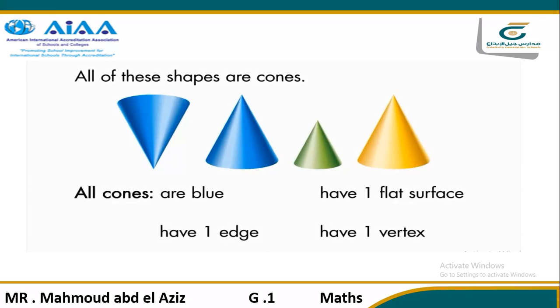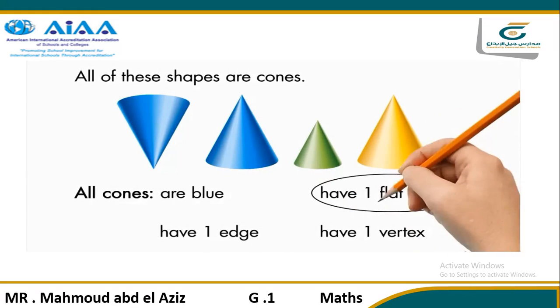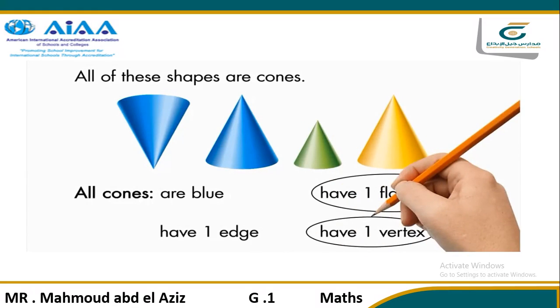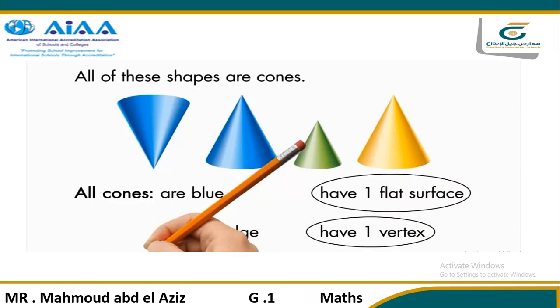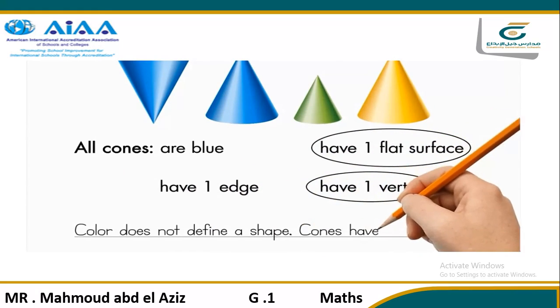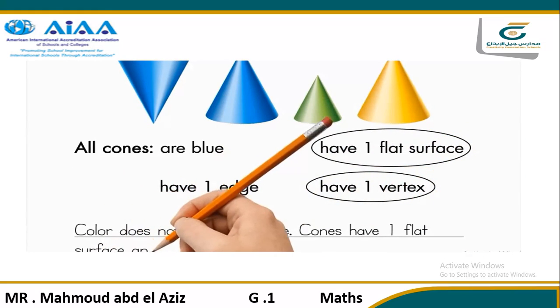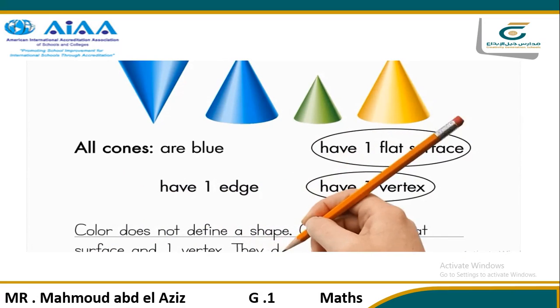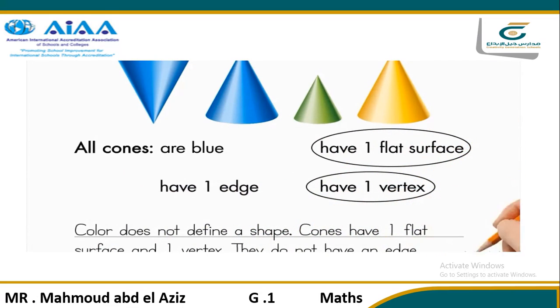Listen and look for other students who persevere in checking all the words and circle only the words that are true of all cones. Then they explain that they know they are correct because color does not define a shape, and cones have one flat surface and one vertex. Cones do not have an edge. Some of these students may also state that all of the cones shown in the problem have the attributes they circled.